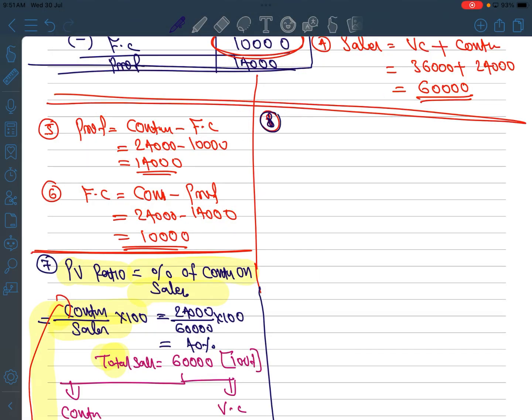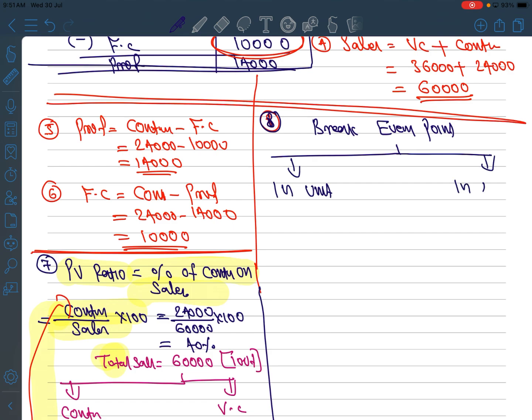That's a very interesting concept. Break-even point. We can express it in two ways: break-even point in units and break-even point in rupees or values.